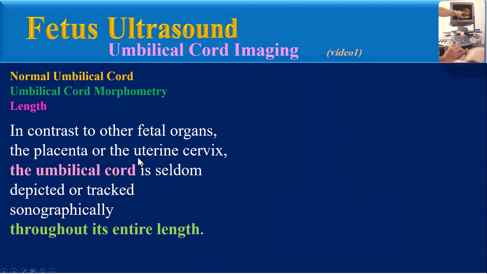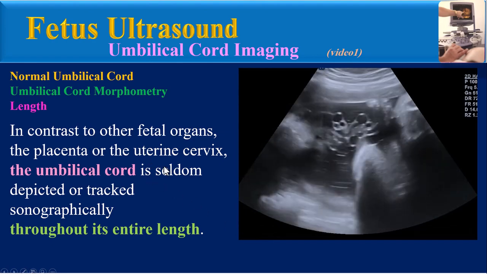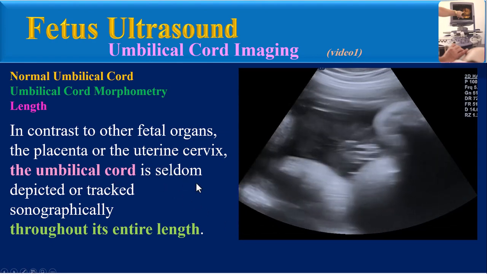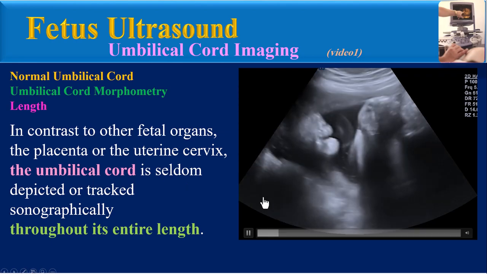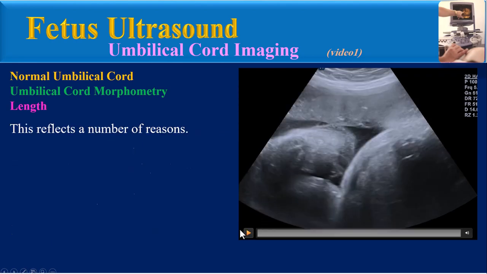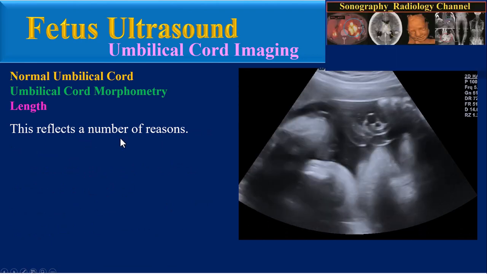In contrast to other fetal organs like the placenta or the uterine cervix, the umbilical cord is seldom depicted or tracked sonographically throughout its entire length. This reflects a number of reasons.